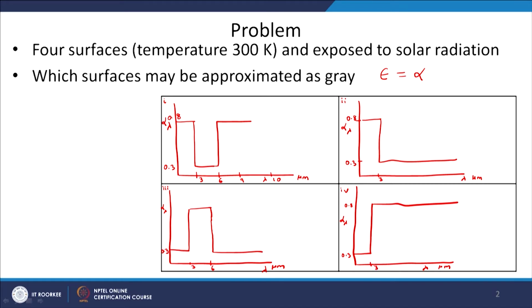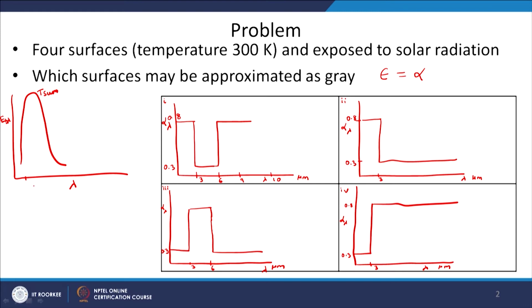Now, if you look at the black body emissive power in this spectral range, the black body emissive power of the sun will be in this range. This is lambda and this is E b lambda, for the sun.